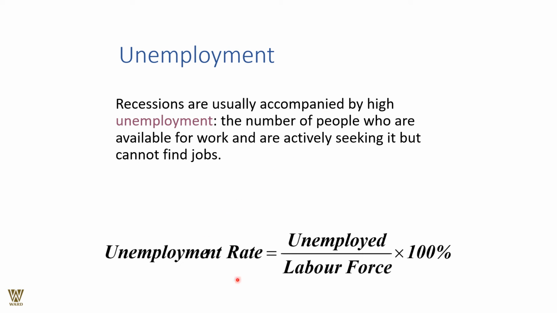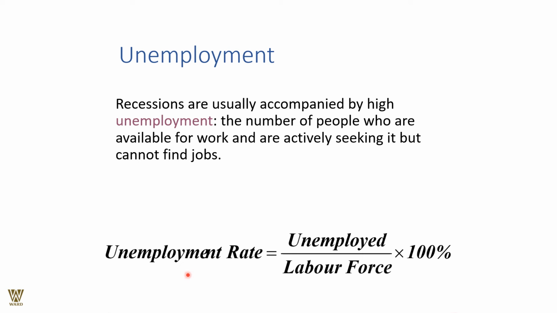We have this formula for you to understand. Unemployment rate is the number of people unemployed who are willing to work and have the requisite skills and knowledge to work, divided by the total number of people in the labor force, or the total number of citizens who are of productive age, multiplied by 100.